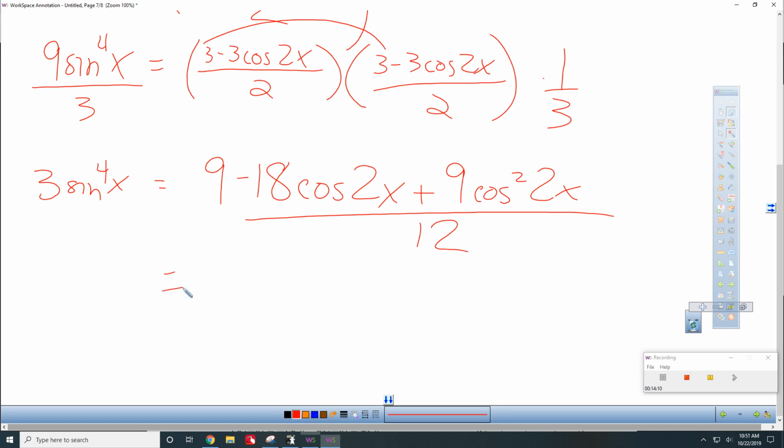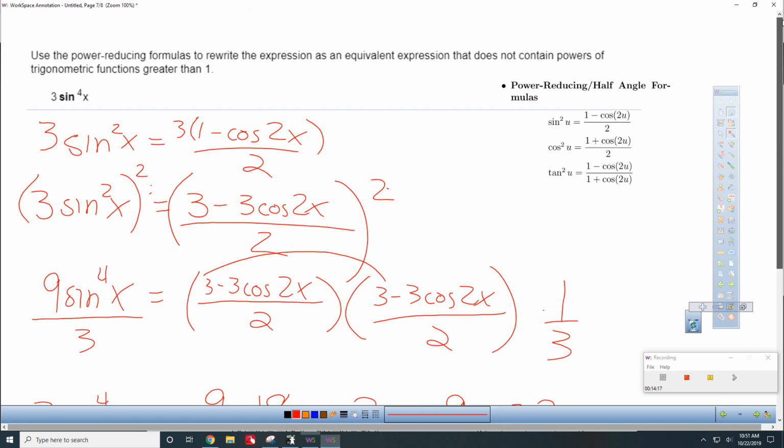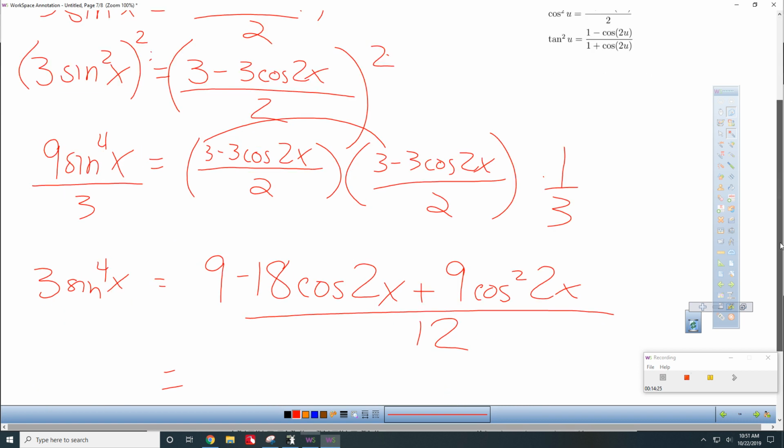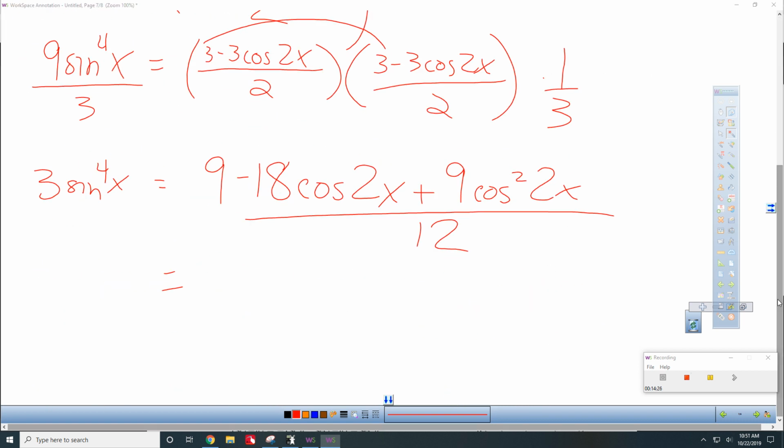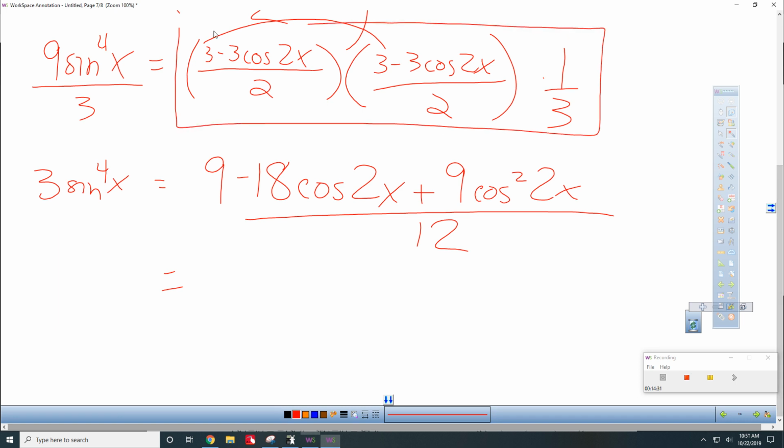Alright, so let me read the directions. Use the power reducing formulas to rewrite the expression as an equivalent expression that does not contain powers. Oh, I can do that. Watch this. I'm just going to go back to this. This is the answer. Don't write them back together.